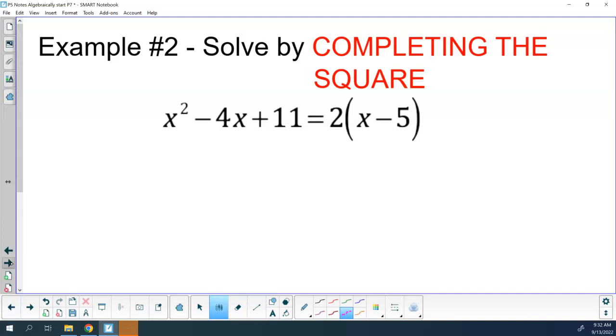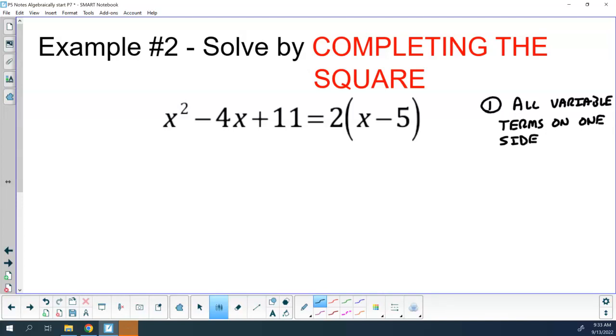So if I'm going to solve by completing the square, the first thing that I have to do is get all of the variable terms on one side.